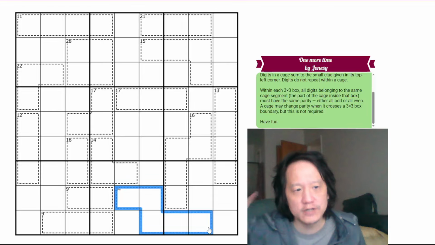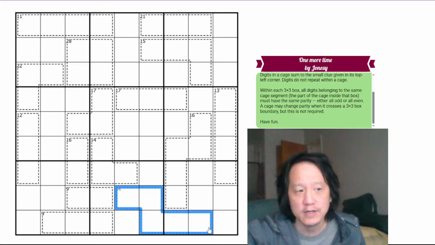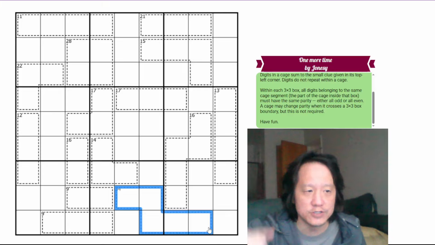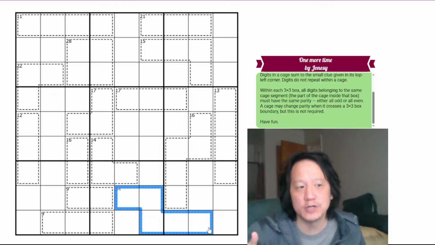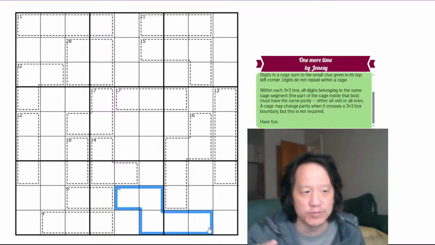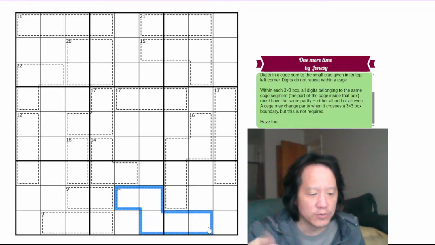Because if you try to change a digit from 4, 6, 7, 8, 9, if you try to increase 4 and decrease another digit, the problem is you'll have a duplicate. If you try to decrease 6 and increase some other digit, you'll have a repeat.